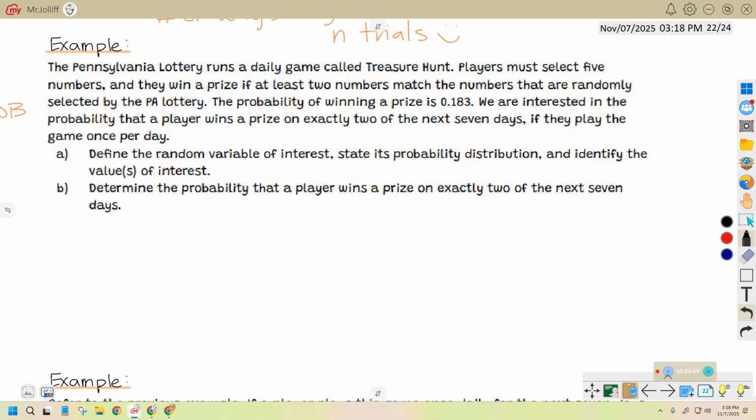We're asked to answer two questions. First, what we should do at the beginning of every question: define your variable, state its distribution, state any numbers of interest, and then determine the probability that a player wins exactly 2 of the next 7 days.